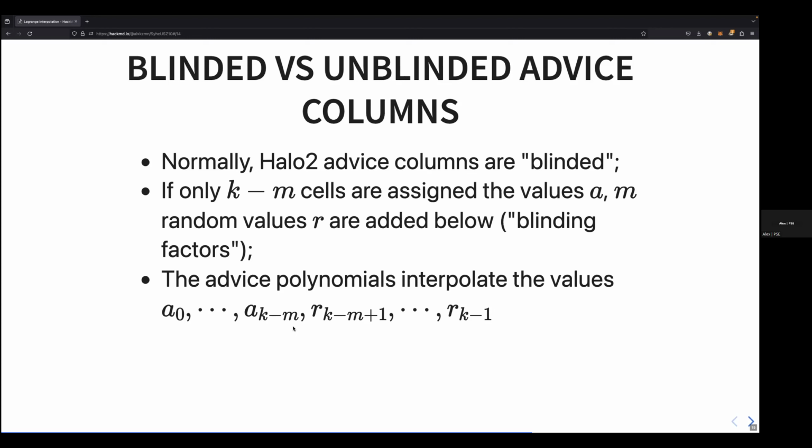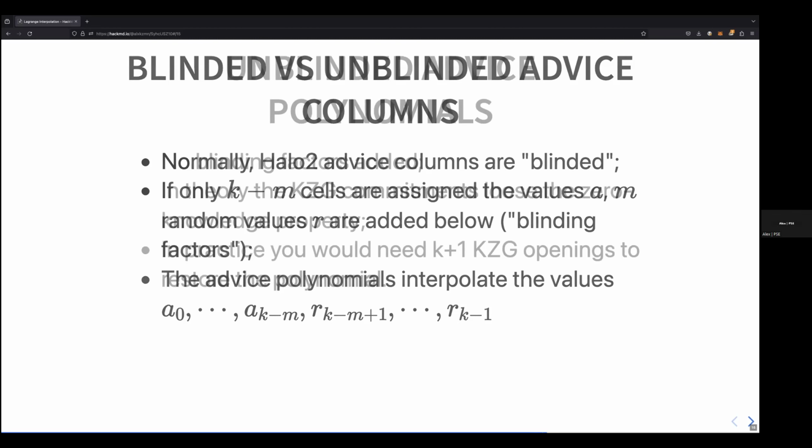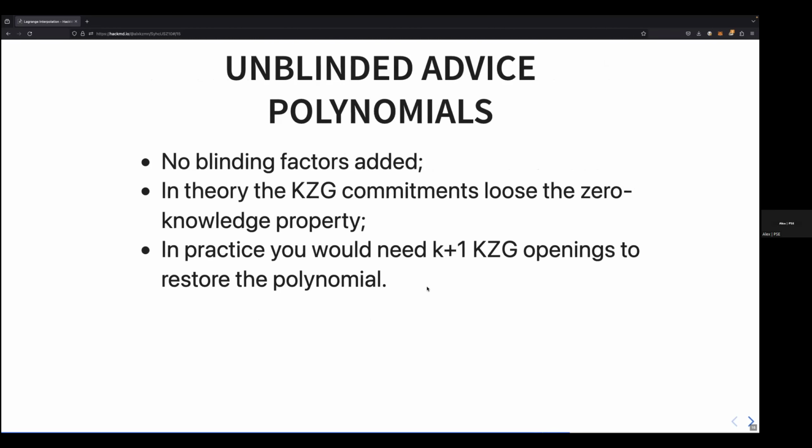So we really need the polynomial to only contain the user balance values and be filled with zeros below that range. So in our case, we need to use the unblinded advice API from Halo 2. In theory, this means that we are partially losing the zero knowledge property.